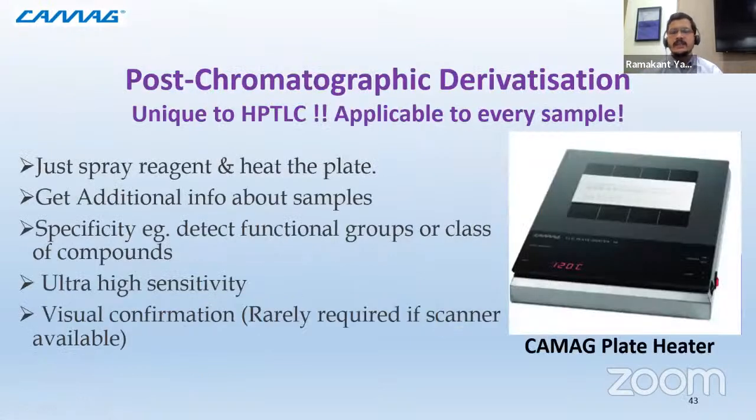And after spraying the reagent onto the plate, heat the plate at the desired temperature. The CAMAG Plate Heater is a useful instrument available for it. You can generate any single temperature from 25 to 200 degrees Celsius, and the surface of the plate heater is very robust towards acids or bases present in derivatizing reagents.